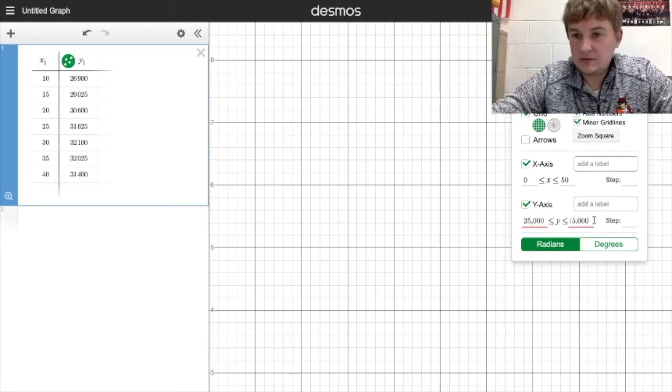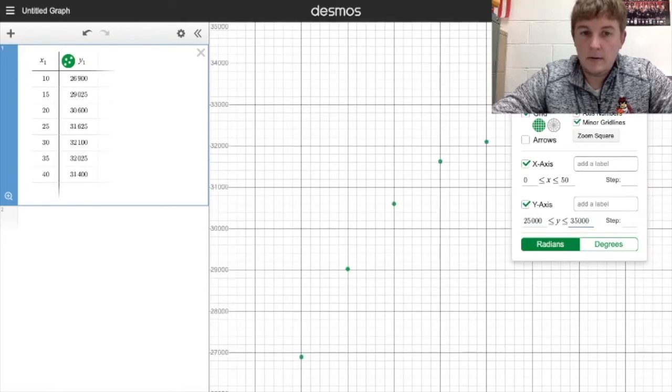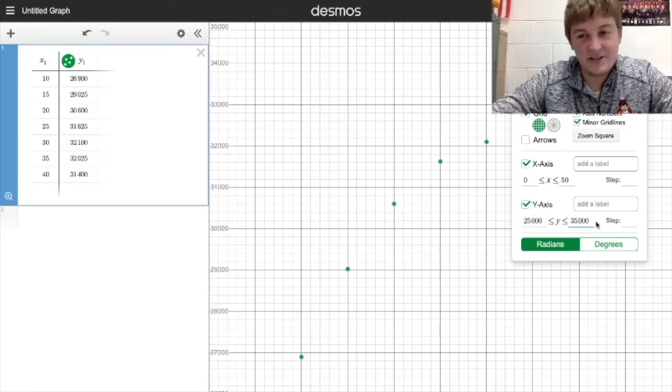Okay, as you can see, I was having errors doing that. If you have commas in your numbers for the axes, for some reason it doesn't work. So go ahead and enter numbers without commas.